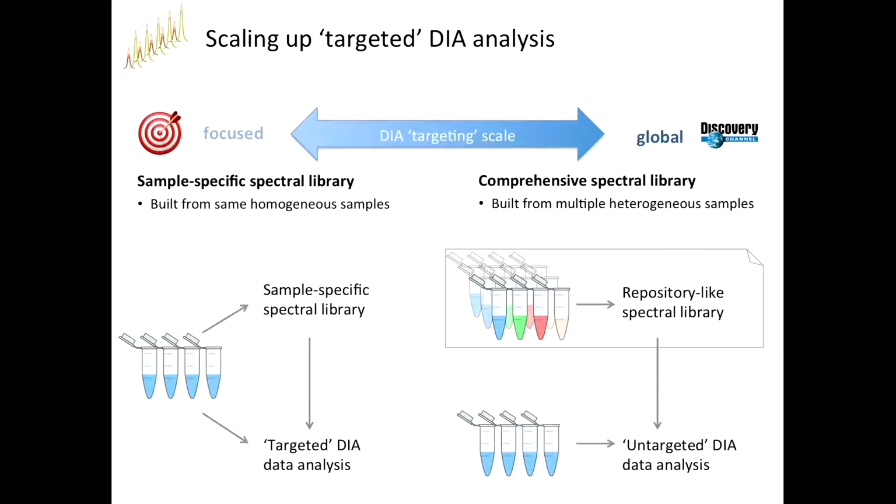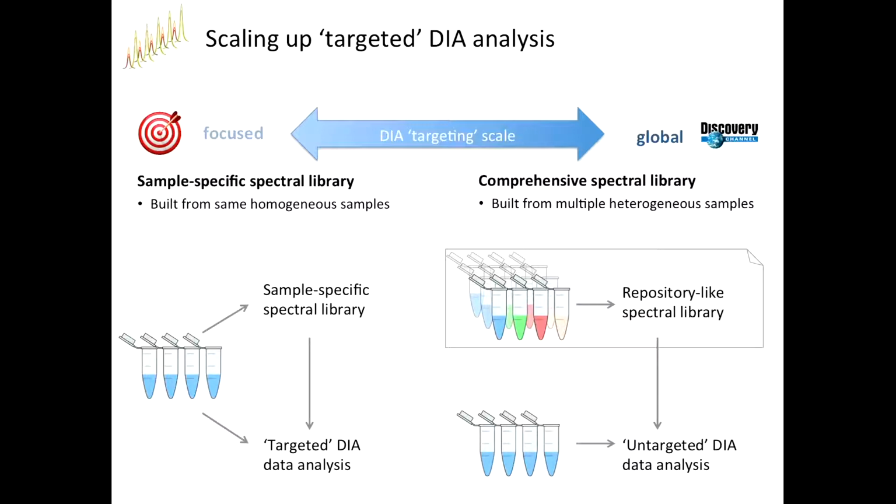Another option is that you use a large compendium of different samples to build your library, or you can take a repository that has been published before, and I think Tina mentioned a few of those yesterday. Then you have such a repository-scale library. I'm not sure if you can still talk about targeted proteomics then, but you are basically extracting these peptides from your data in a more untargeted fashion.